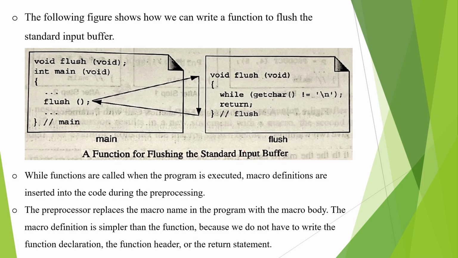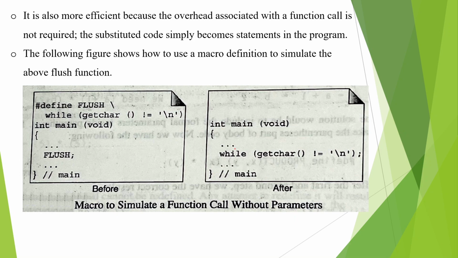Whenever you are calling the flush function, the control jumps to the flush definition, executes it, and comes back to the flush call, isn't it? But here, whenever you make flush a defined macro, it replaces that flush with the body. Here the control does not jump to that part, execute there and return. Simply, wherever you wrote the flush macro, that macro name will be replaced with the macro body.